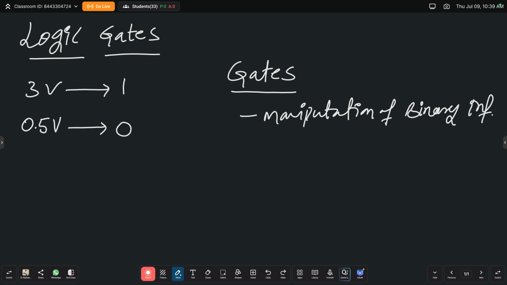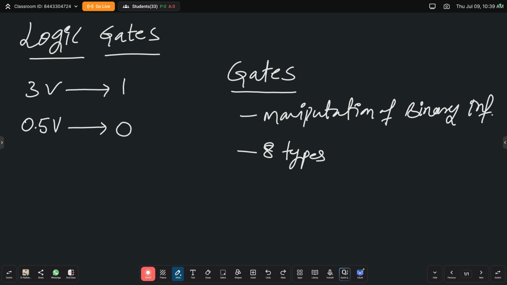Eight types of logic gates are commonly used in digital computer systems.